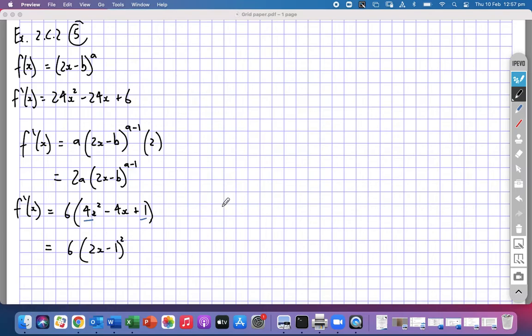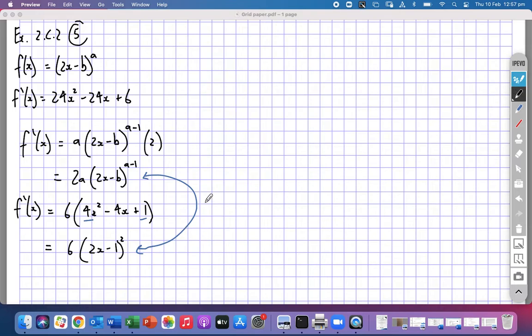And now these match up quite nicely in their form. So 2a equals 6, a minus 1 equals 2. And if we look on the inside of this derivative, 2x minus b matches up nicely with 2x minus 1.